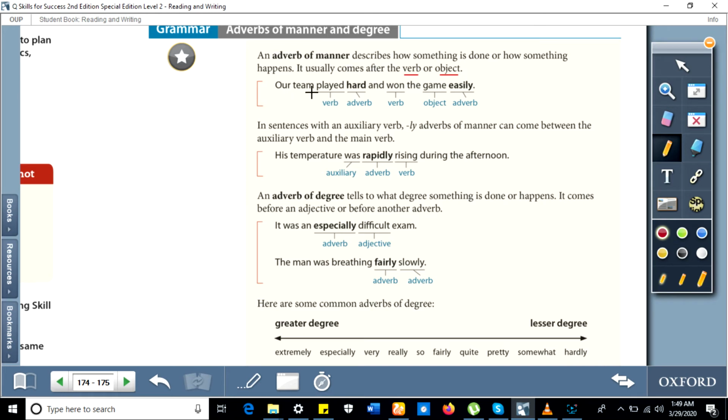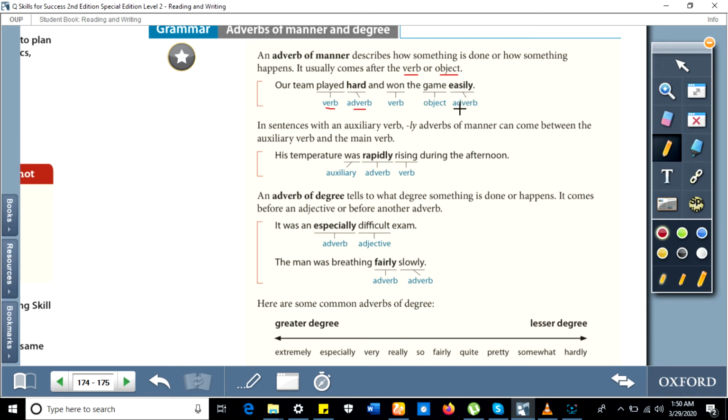For example, here our team played, so this is the verb and here the adverb is hard. And won the game easily. So the game here is the object of this sentence, right?